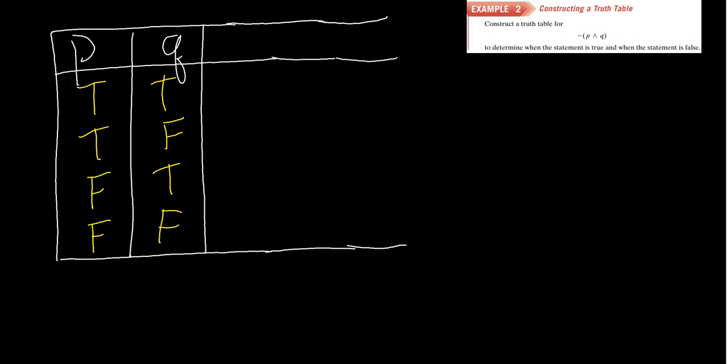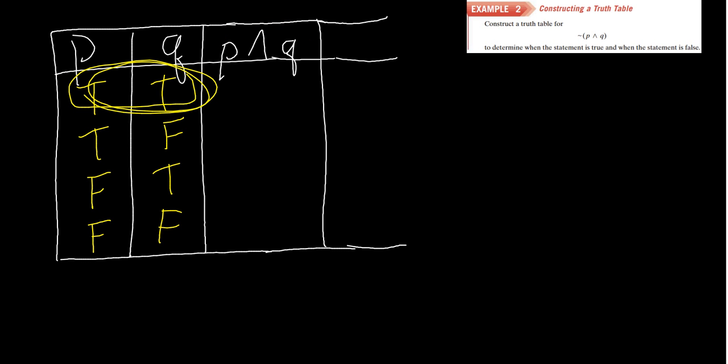If you recall from the previous section, we have an order of operations here, right? The first thing I need to do is get what's inside the parentheses. So I'm going to create a column called P and Q. In order for P and Q to be true, both of these must be true.